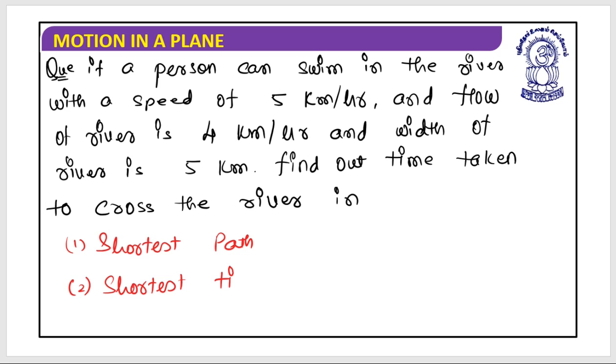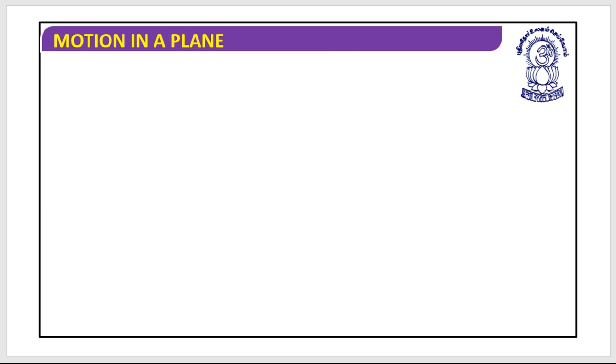You want these two situations. One of the situations is according to the shortest path, you need to cover this, and the one more situation is according to the shortest time, you need to cover this. So let's begin then. Have a rough sketch of it and work on one.